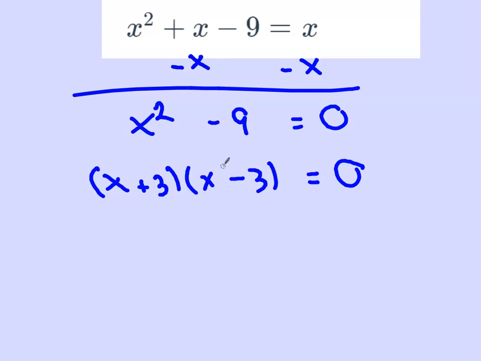So whichever method works for you, factoring it out the way we did before, or remembering the difference of squares idea. Either way, now we know that x could equal negative 3 from here and 3 from there. Now you've got your solutions.